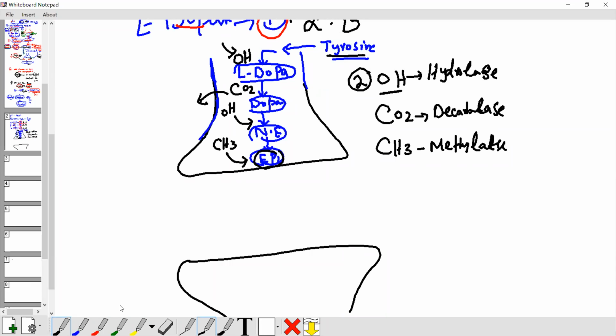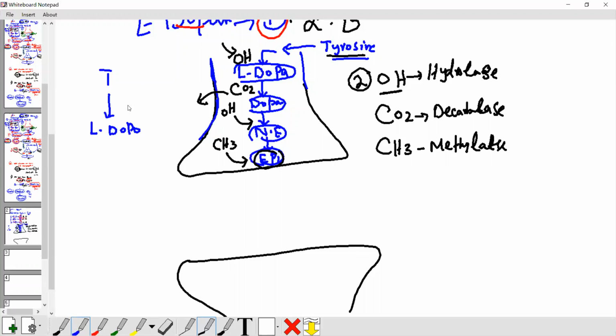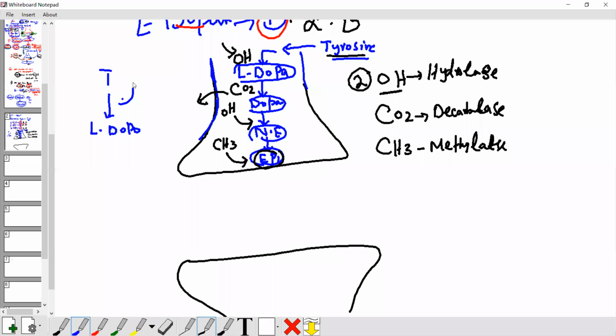Fourth step, tyrosine changes to L-dopa. How? Add what? OH. L-dopa changes to dopamine. How? Remove CO2. Understand?